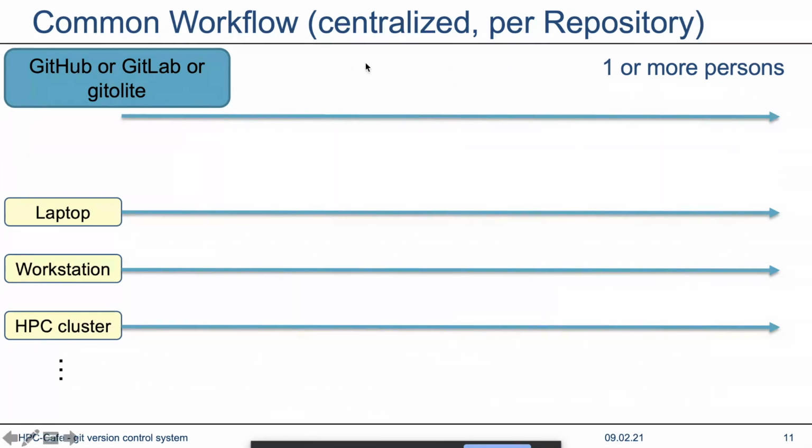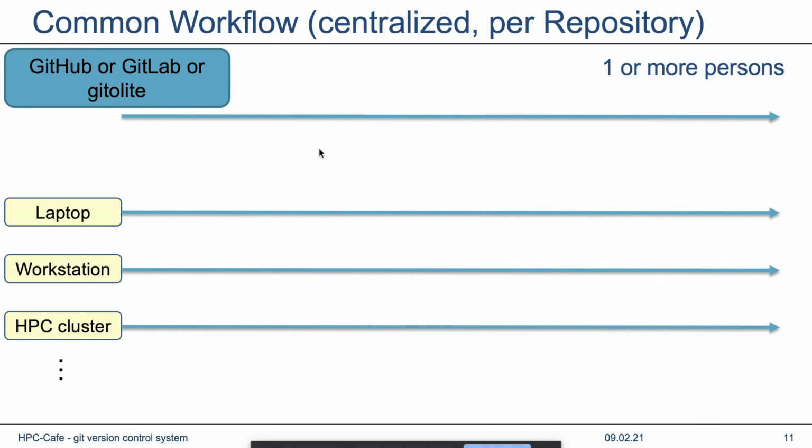This workflow applies for one or more persons, so it really makes no difference if you're alone or if there are multiple persons. In my example, I have a laptop and a workstation, and maybe another copy of my project on the HPC cluster. This applies per repository, of course.